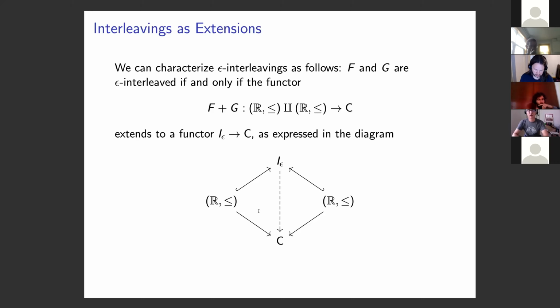Okay, and then it's just a matter of chasing definitions to see that this is completely equivalent to the classical notion of epsilon interleaving. And then we end up getting a metric from this by saying, okay, well, what's the smallest epsilon, or we take the infimum over all epsilon for which we can use extensions.